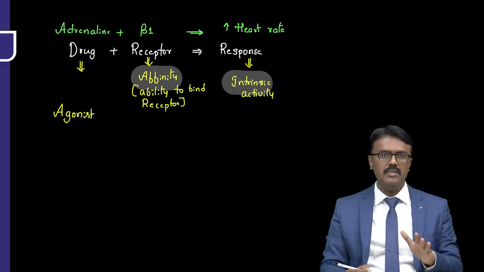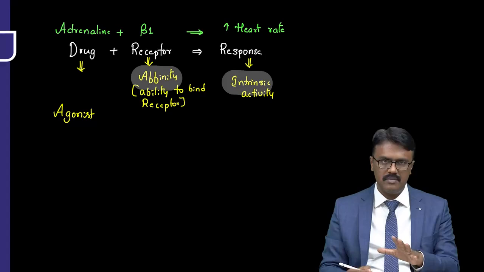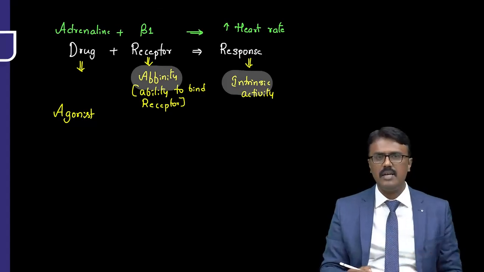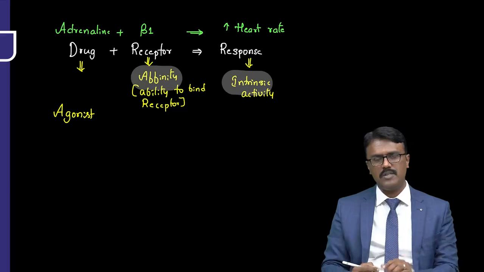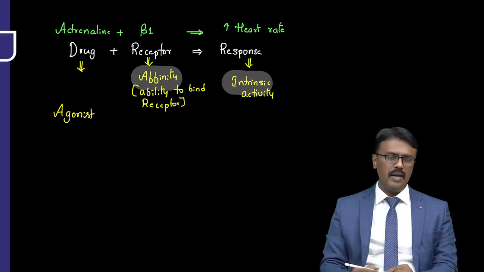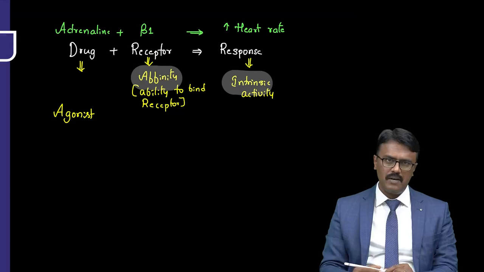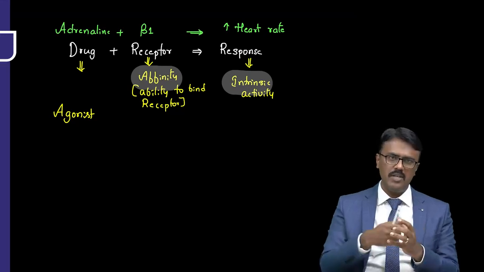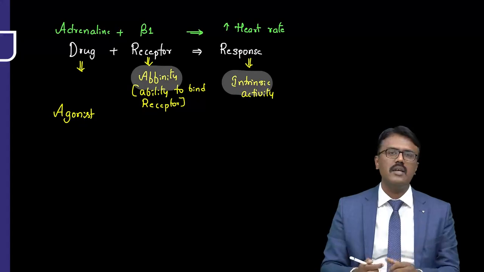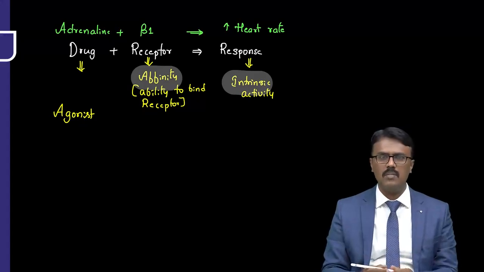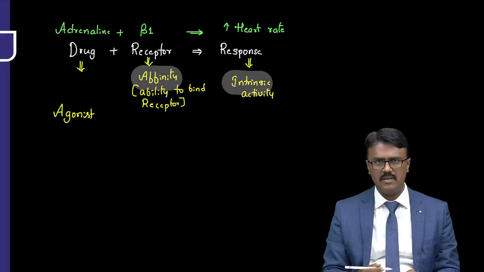Simply remember, affinity means ability to bind to the receptor. Intrinsic activity means producing a response. Now, can you tell me, is albumin a receptor? No. Even if the drug binds to the albumin, it will not produce any response. So, plasma proteins are not receptors.